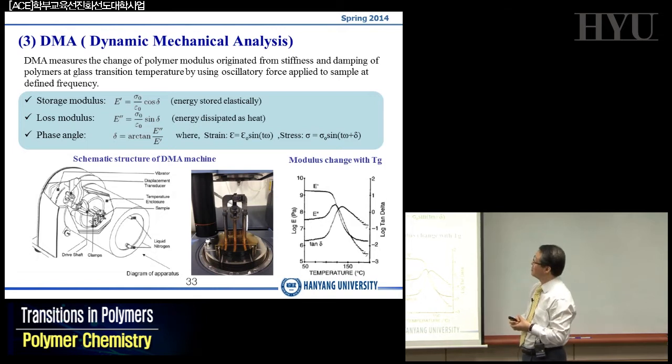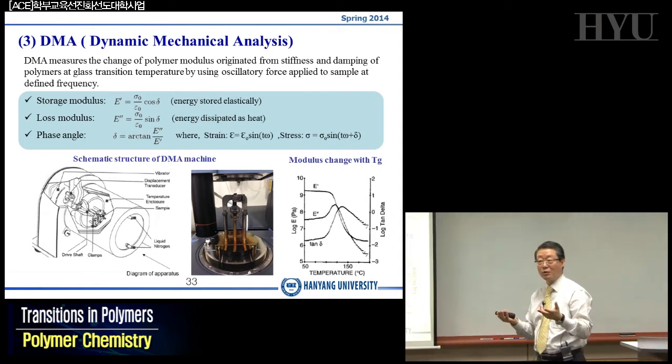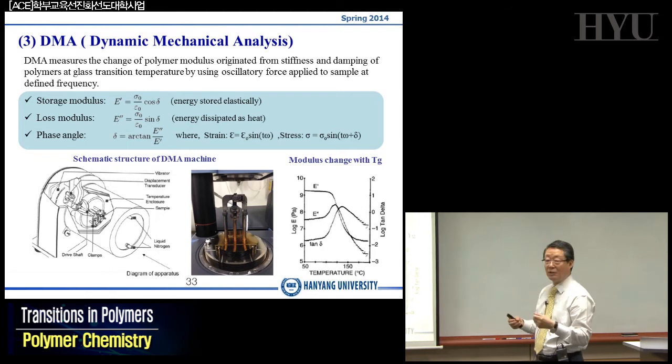Excuse me, I think this should be theta, the amplitude angle, and by measuring the modulus, which is described as the storage modulus and the loss modulus. Storage modulus is the modulus where your energy is stored, whereas loss modulus is described as the energy that is dissipated from your system.